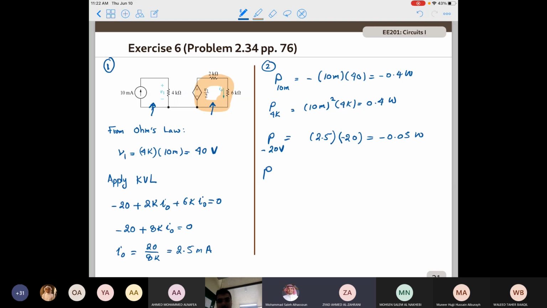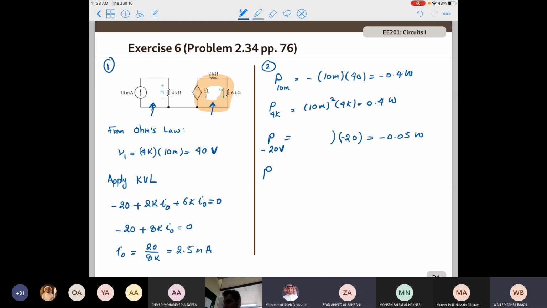Doctor? I want to interrupt, but I think it is 4 milliwatt for the power because of the squared milli. You mean the answer for the one before? 0.04, right?